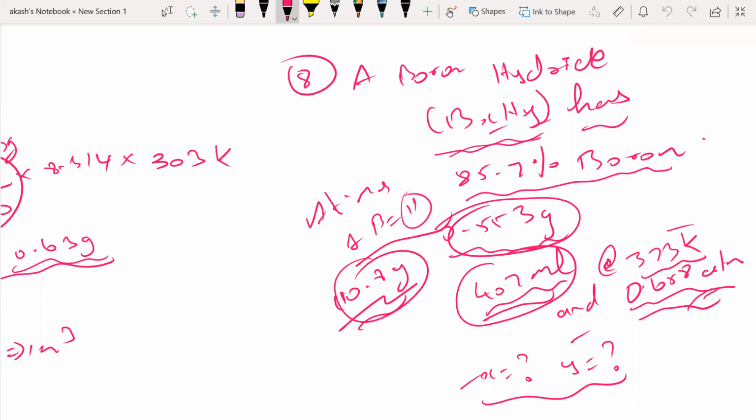So what was the atomic mass of boron which you told? 10.8. You have to use this 10.8. Sir, is it B5H9?